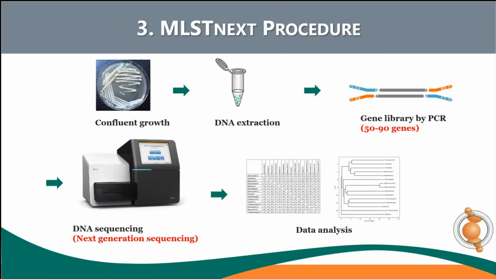In other words, MLSTNEXT can sequence multiple genes and loci from multiple isolates. This will save a lot of time compared to standard sequencing methods, which can only sequence 1 gene from 1 isolate per run. And then we will provide an investigation report, including results, discussion, and conclusion, to the client.